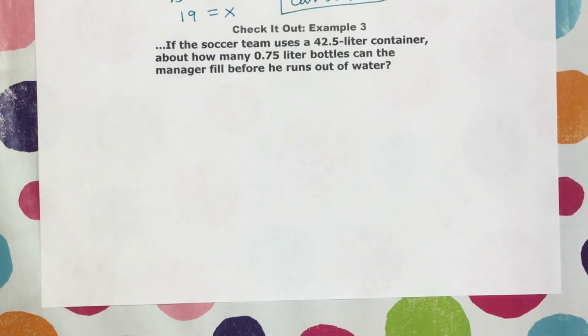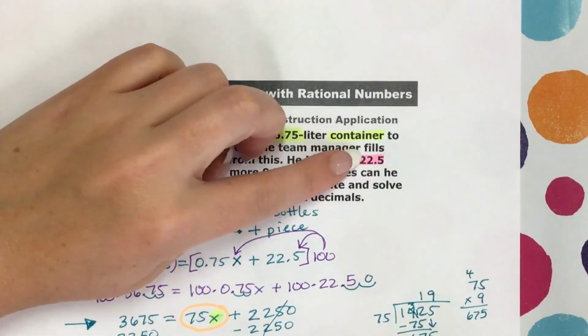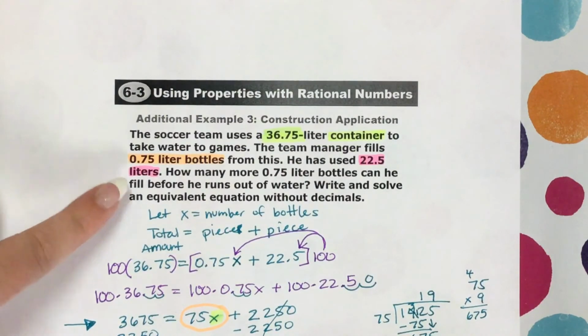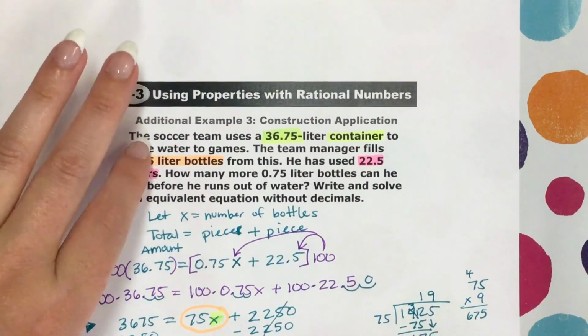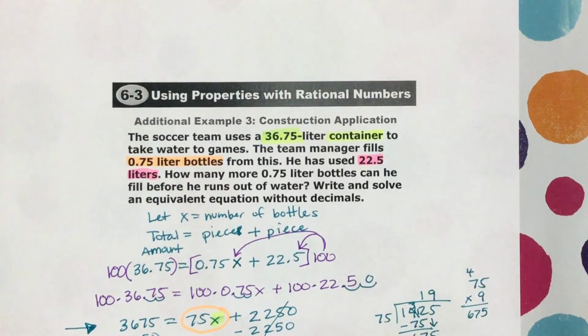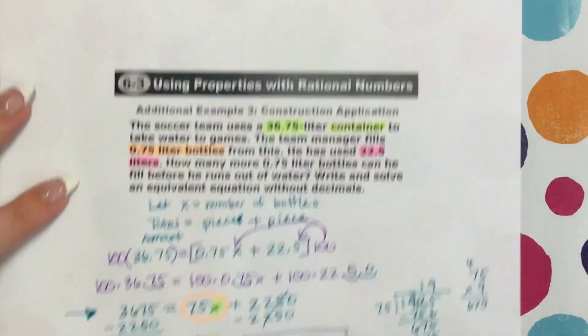So, this one is a tad bit difficult because I am not sure if we're taking into account this 22.5 liters that he's already used or not. This looks like a continuation of this problem, but I'm not exactly quite sure. So we're not going to worry about that one. This is just going to be our example right here. Okay.